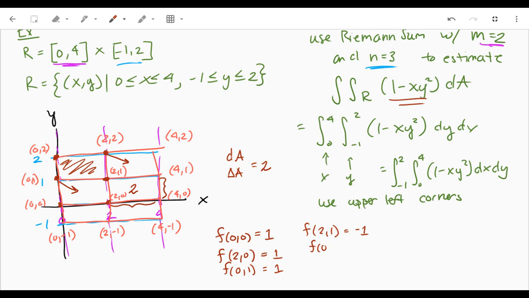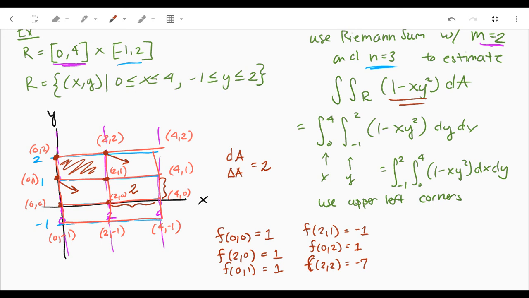F of 0, 2 would be 1. And then f of 2, 2, we'd have 1 minus 8, so it'd be -7. Okay, let me just make sure I didn't make any mistakes, because like I said, I'm looking at my notes here, and I've got different answers. But I think I'm okay.